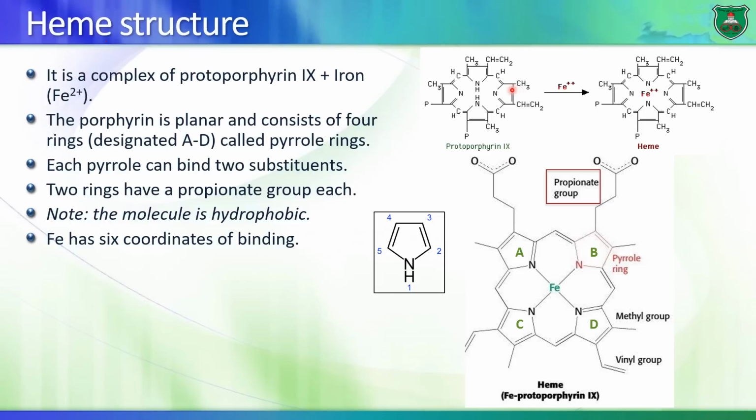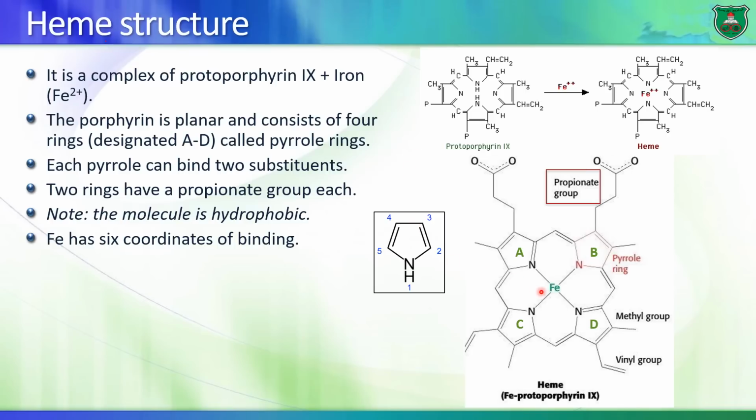It is a cyclic molecule overall, and it has branches that extend out of the heme molecule. Primarily, we have methyl groups, vinyl groups, and we have the charged propionate group as well. But other than the propionate, overall the molecule is hydrophobic.